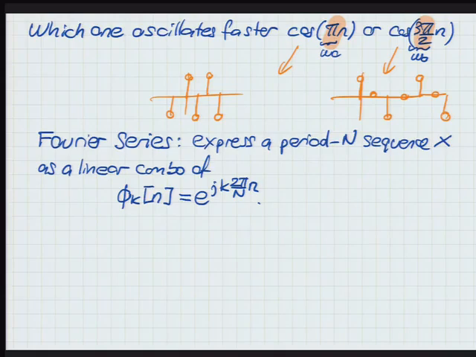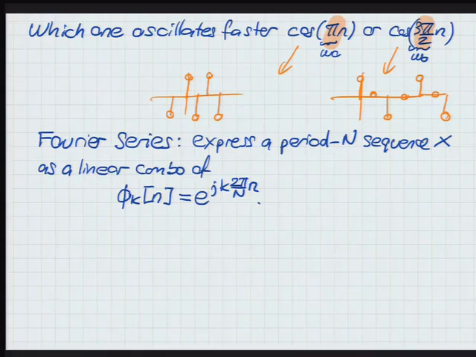So basically the idea in Fourier series is to write the sequence x as a weighted sum of these guys. All right? Same as continuous time. In continuous time we had the identical thing. Big N was big T, little n was small t. Same idea.